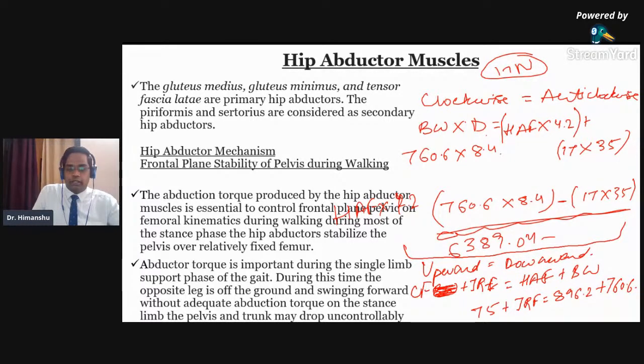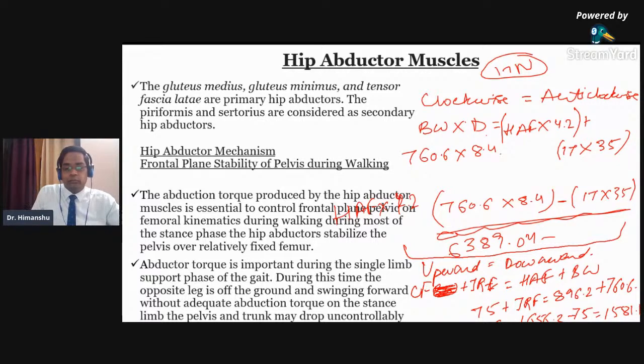Okay, now JRF will be equal to 1656.8 minus 75. So when I subtract 75, this will give you 1581.2. Okay.